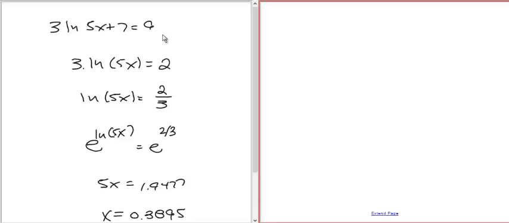Yeah, a lot of people got problem number 2 right, which is an easy problem. So let me just make one up here. Okay, so the first problem says write the complex quotient in standard form, and standard form just means that you don't have any imaginary parts in your denominator.